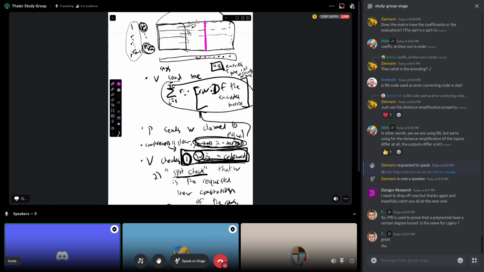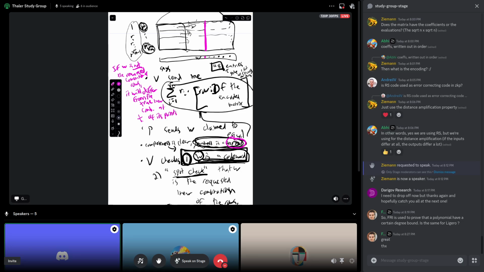And so what's going on is, if W is not actually the requested linear combination of rows, as we'll see from this deep fact, it will differ from the true linear combination at like 1/2 of its points or something.